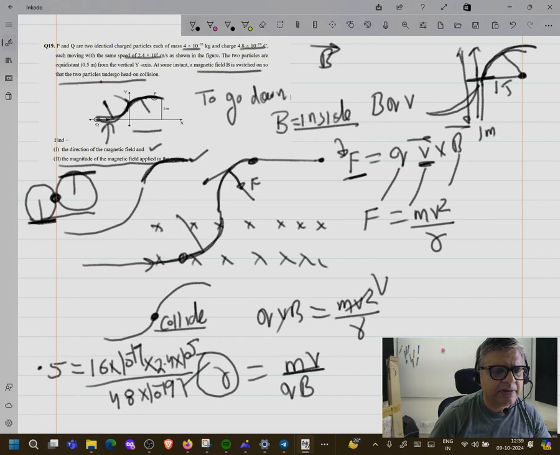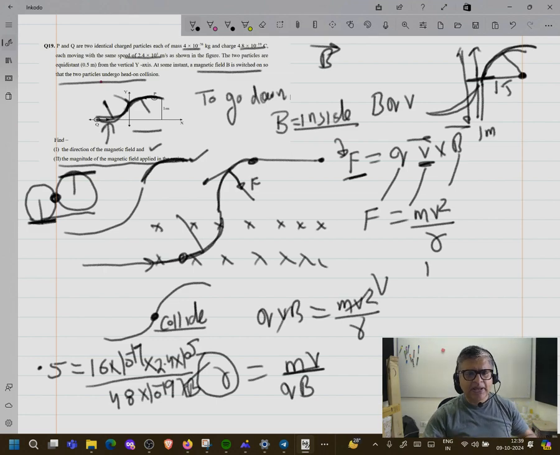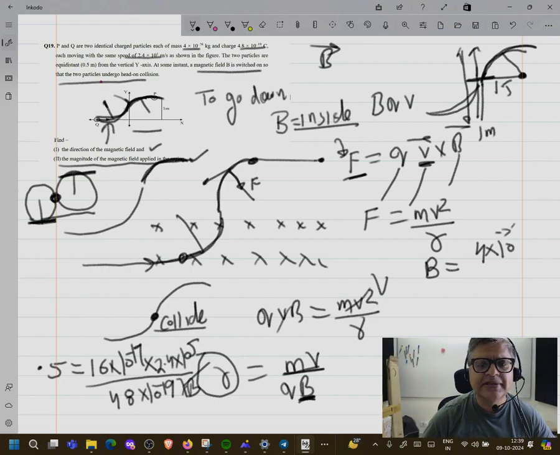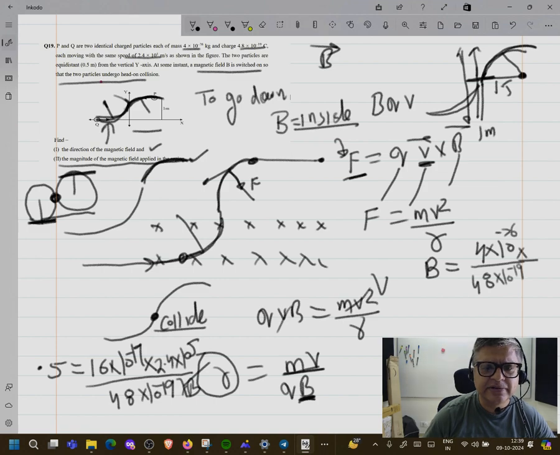So B will be mass into velocity, divided by charge. How much is the mass? 4 into 10 raised to power minus 76. And the charge is 4.8 into 10 raised to power minus 19.